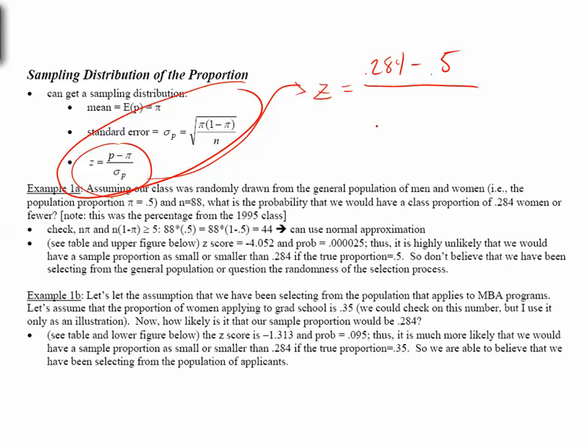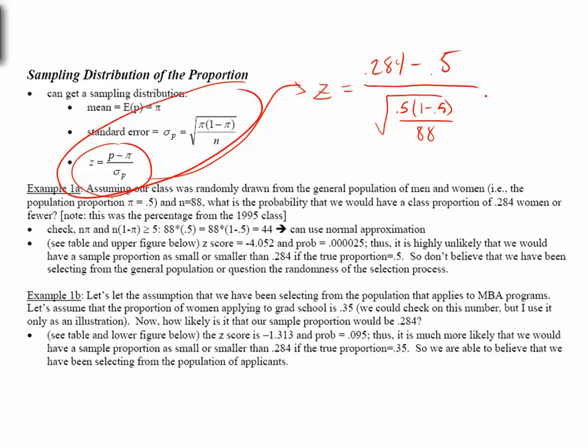To calculate the standard error of the proportion, we take the square root of the expected population proportion, which is 0.5, times 1 minus the population proportion, which is 1 minus 0.5, so that would be 0.25, divided by our sample size.